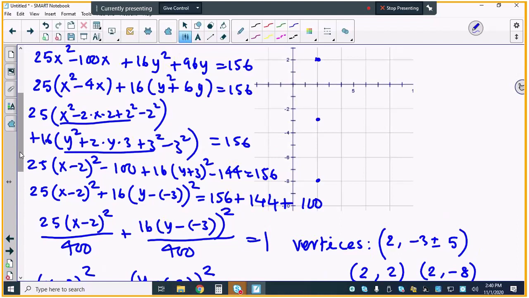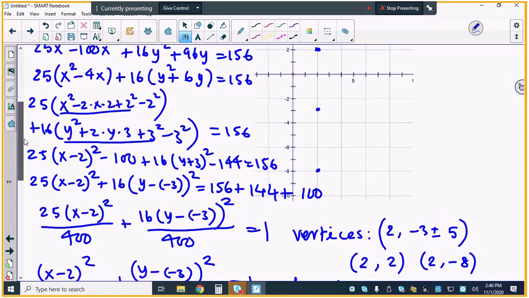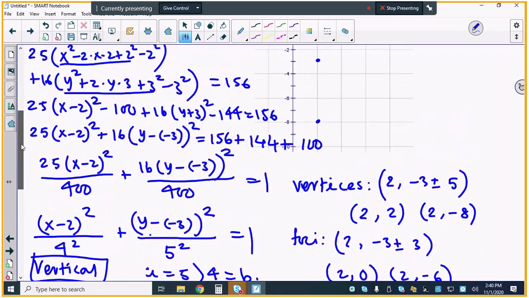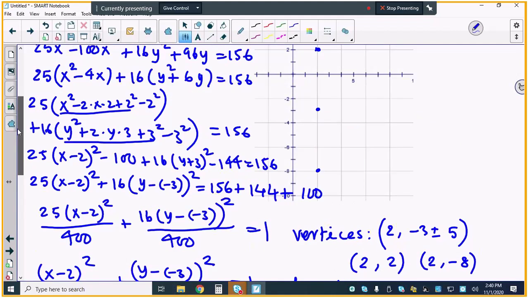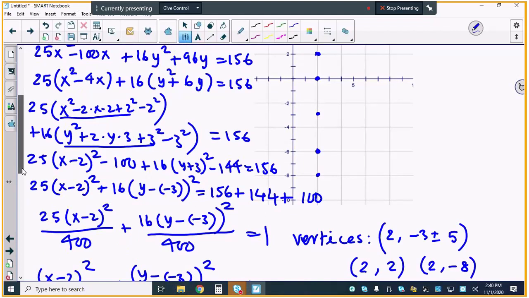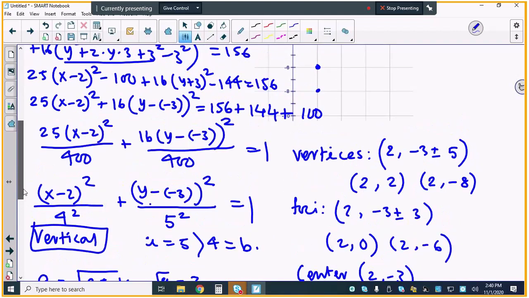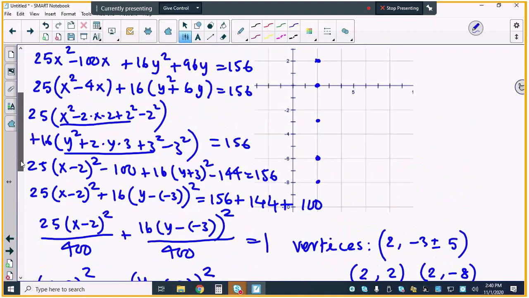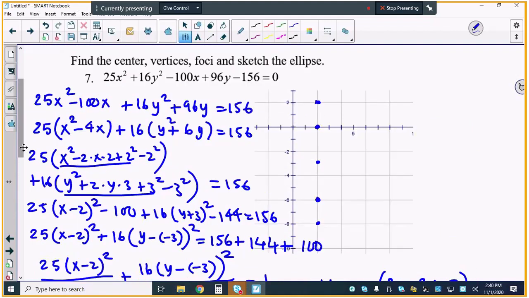Foci are at 2 comma 0 and 2 comma negative 6. Minor axis is 4 units, which tells me that the width of this ellipse is going to be 4 units.